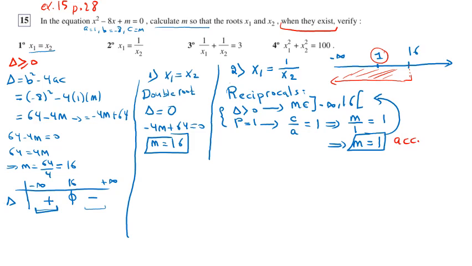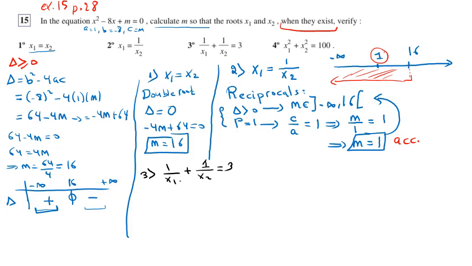Part 3, we have 1 over x1 plus 1 over x2 is equal to 3. When we are talking about roots, then we should find them in terms of s and p.